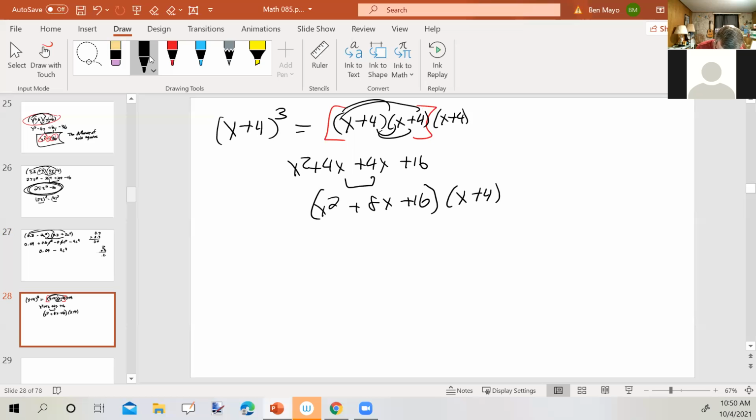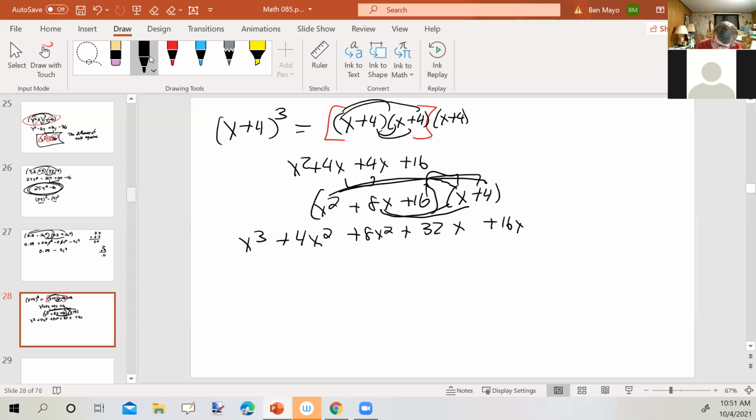So then continuing, I get x cubed plus 4x squared plus 8x squared plus 32x plus 16x plus 64.